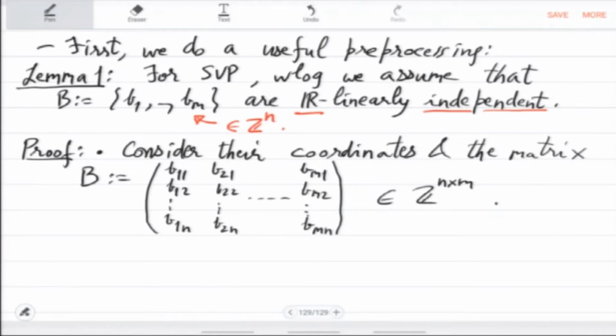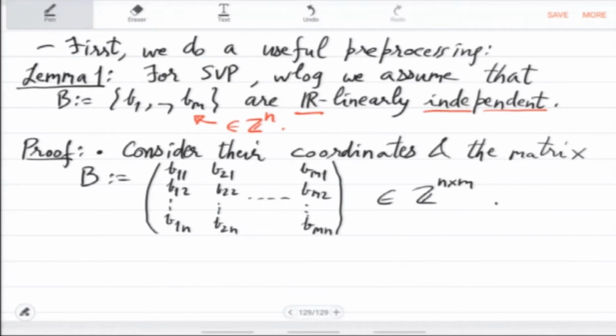The way we will do it, you can think of it as a modification of column operations. We will take linear combinations of the columns, and we will try to make this matrix a triangular matrix.